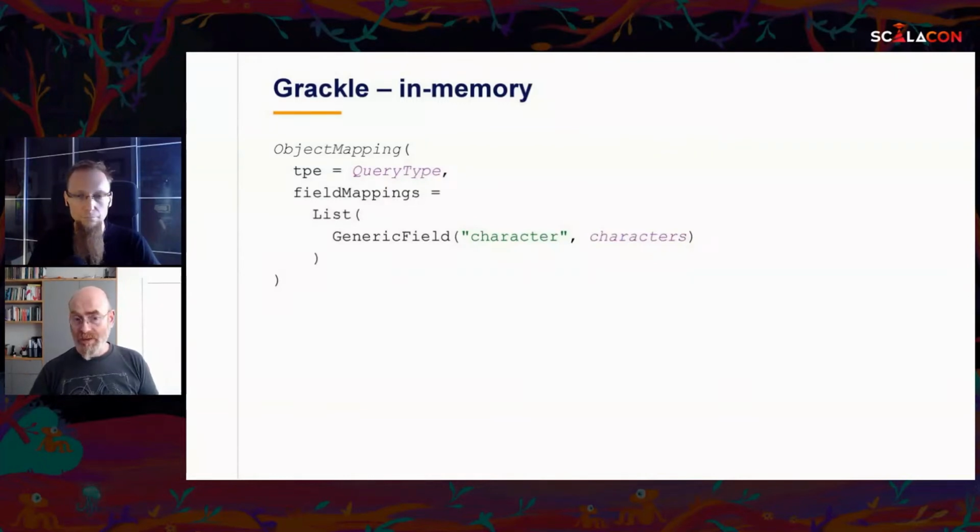In this particular instance, it's a very, very simple mapping. We have a single top level field characters, which is mapped onto a character's value, which is essentially a Scala collection of algebraic data types, so nested case classes.